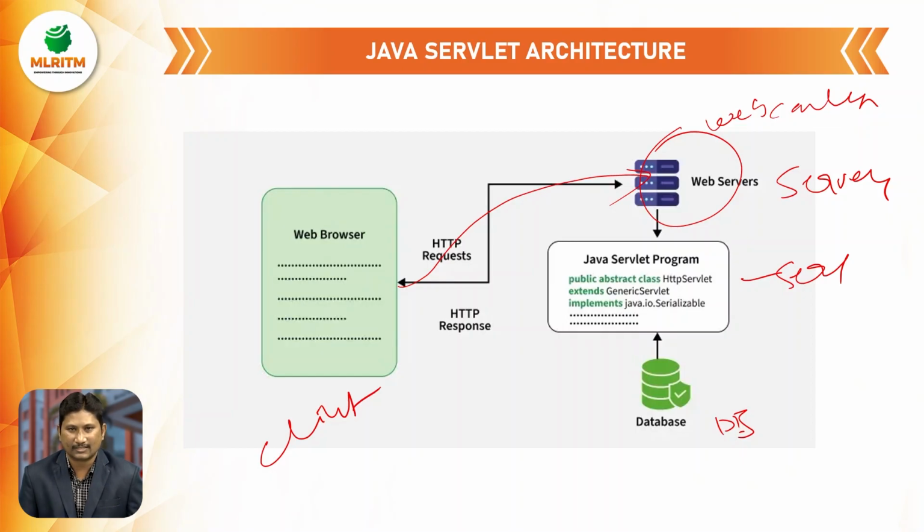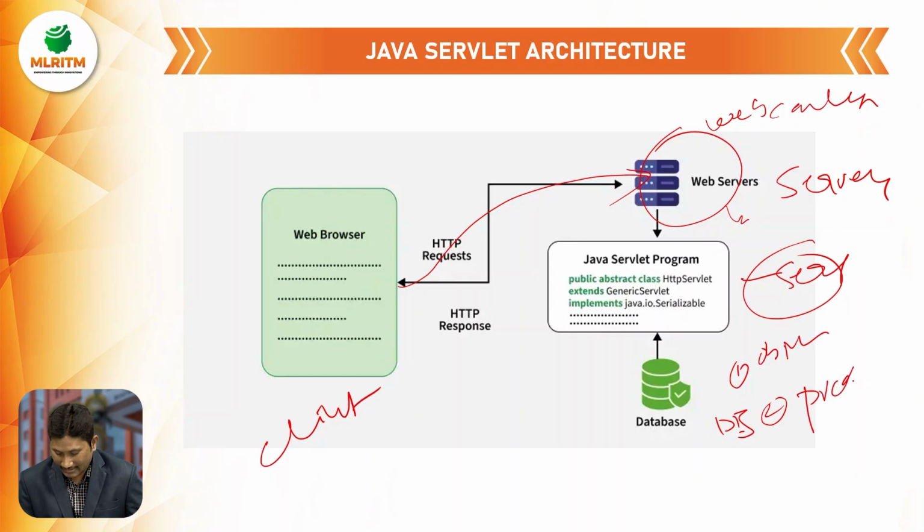The web server finally sends the response back to the client. So the main task of the servlet is to obtain the request from the web server, process this request, and send the response back to the web server.